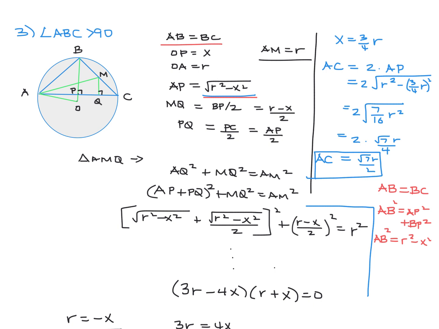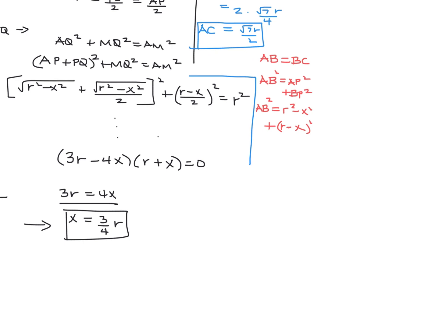So AP is this guy right here, right? So AP squared would just be R squared minus X squared. And then BP, where's BP? BP, somewhere. Here it is. BP over 2 is R minus X over 2. So BP is just R minus X, all squared. All right. Okay, so let's see what that leads us to.